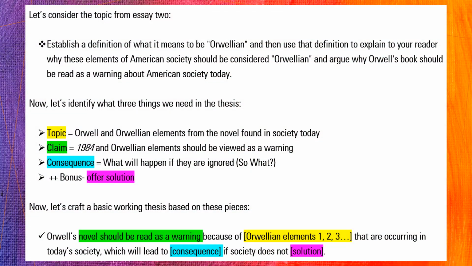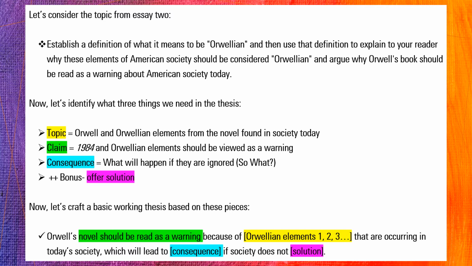For this example, let's consider the topic from Essay 2, which was to establish a definition of what it means to be Orwellian, and then use that definition to explain to your reader why these elements of American society should be considered Orwellian, and argue why Orwell's book should be read as a warning about American society today. Now let's identify the three things we need to form our thesis.